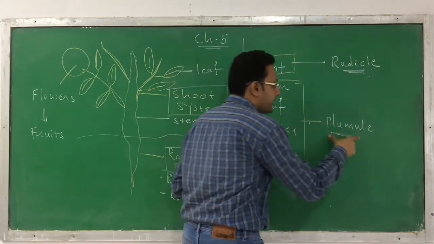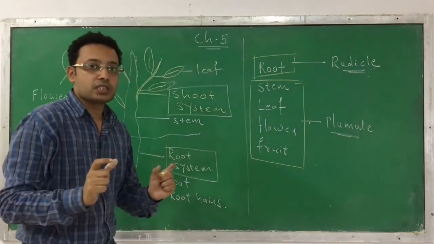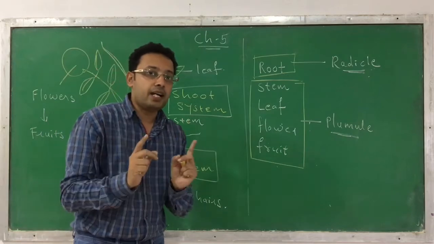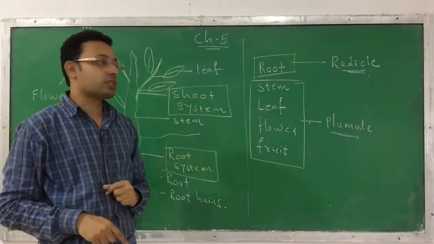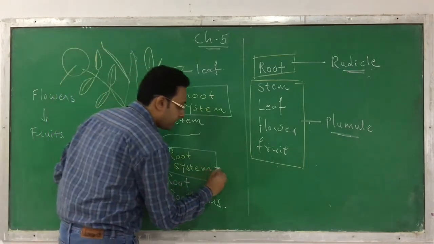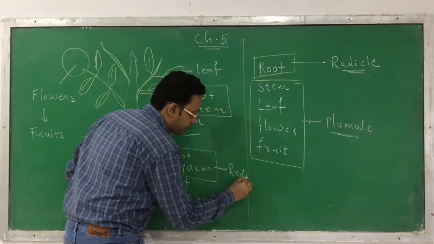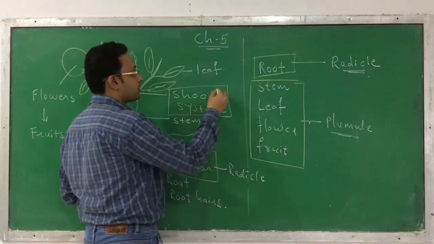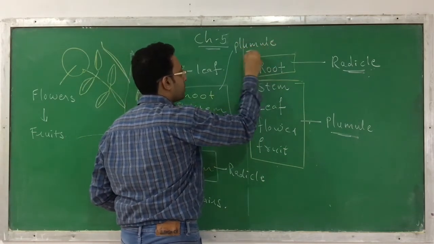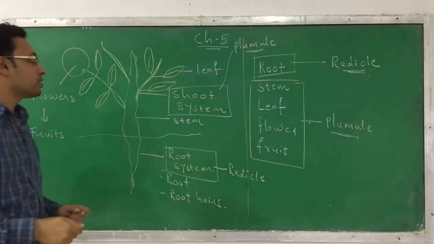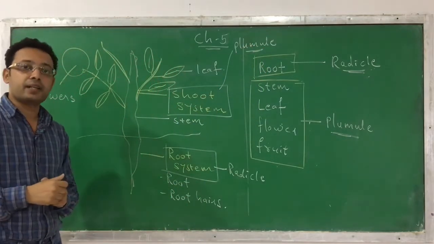The shoots develop from the plumule. So these are the different parts of a seed from which the root system and the shoot system develop. So I have to write over that the root system develops from the radicle, and the shoot system develops from a plumule. So these are the different parts and components you can find in the flowering plants.